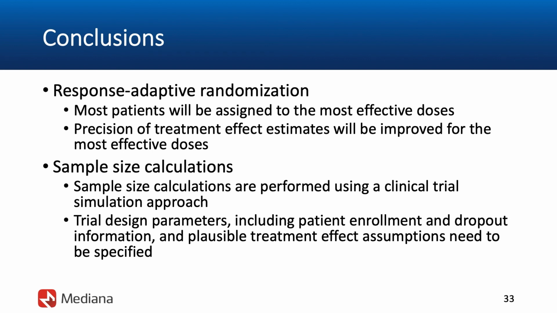And when it comes to sample size calculations, here we will have to rely on clinical trial simulation, just like in any type of clinical trial that employs adaptive or data-driven features. And in this case, trial design parameters such as patient enrollment or patient dropout information and various other parameters such as the plausible treatment effect assumptions would need to be specified.